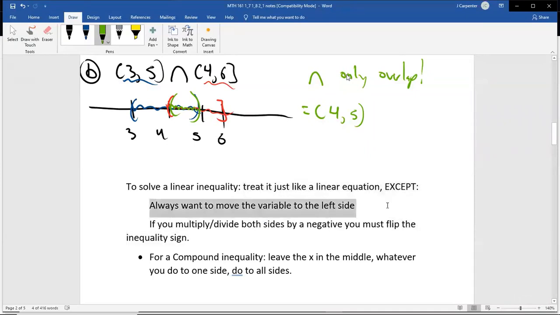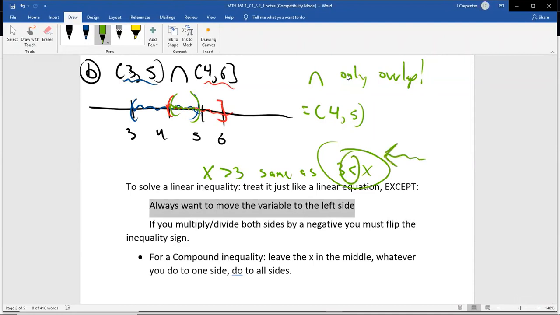Also, I say to always move the variable to the left side. Technically speaking, this is optional, but I want you to do it anyways, because this is why. X is greater than 3 is the exact same thing as saying 3 is less than x. So if you solve it this way, you're a lot more likely to get the graph and the interval notation wrong, because you're going to see this less than and you're going to shade to the left forever and ever.